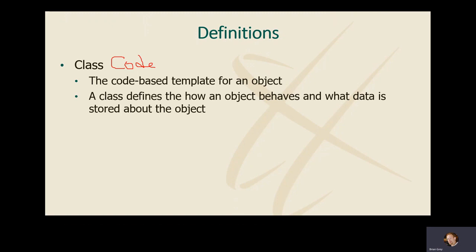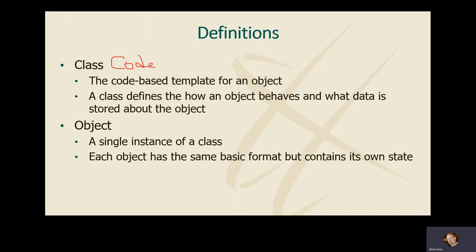So the class is the template. What's an object? An object is a single instance of a class. So objects and instances are sort of synonyms.